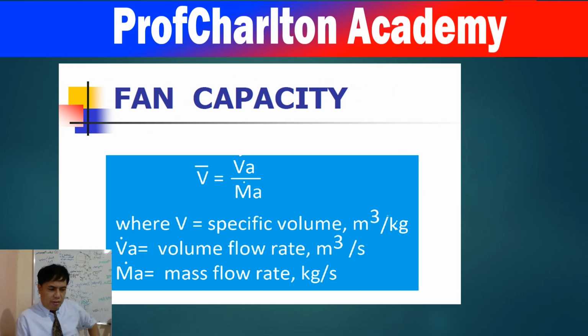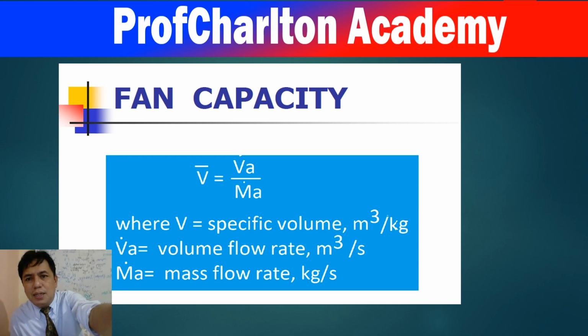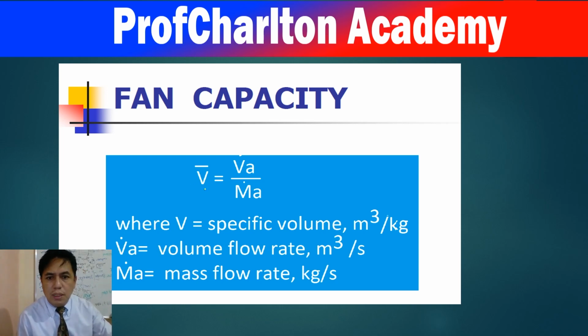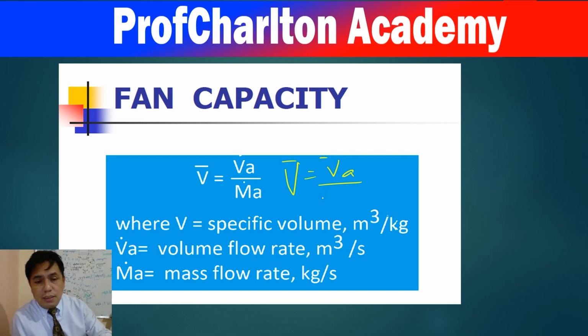So there's another parameter that is always being asked in the board exam, and that is the fan capacity. Let me write here. The fan capacity is this: the volume flow rate at that point times the mass flow rate at that point.